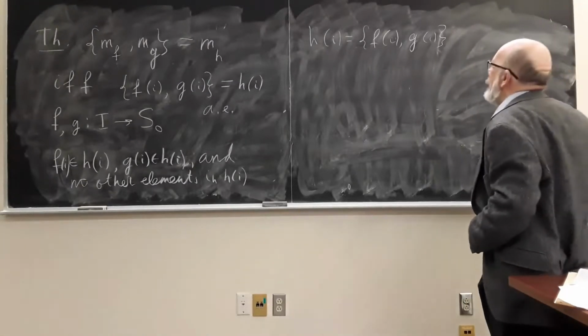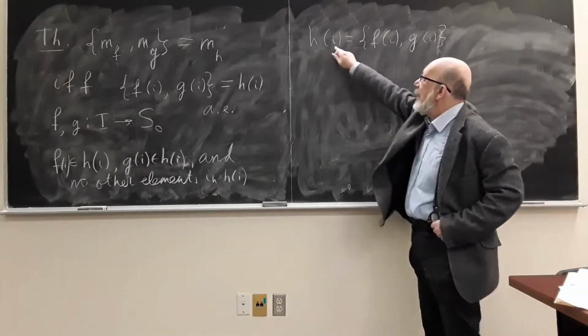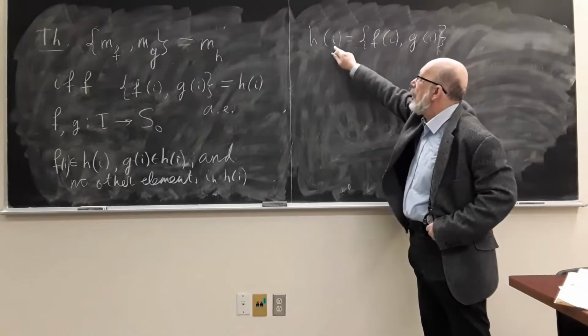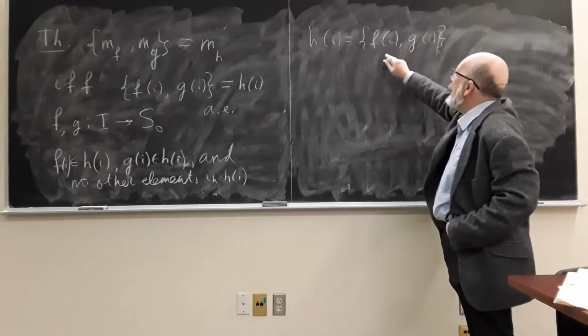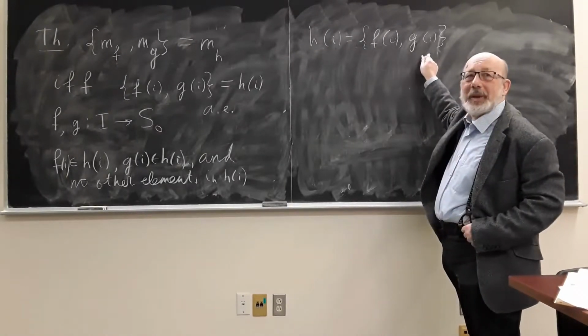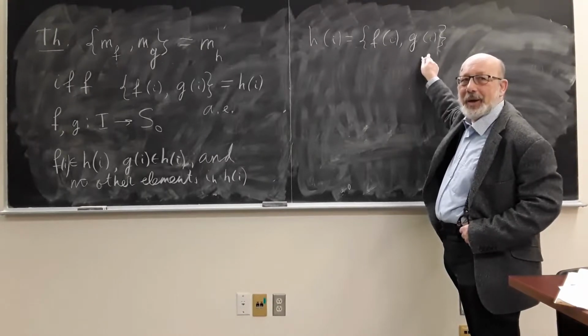Now, what is MH? For almost every i, we have a set of two elements, f(i) and g(i).